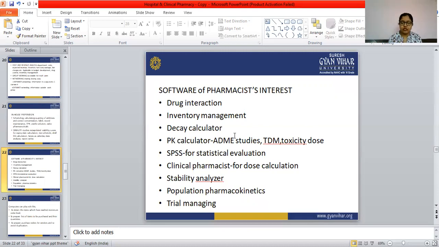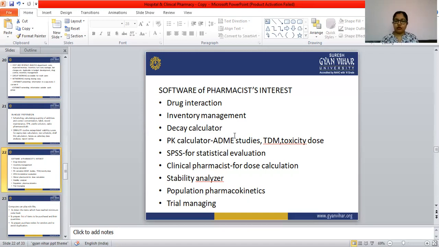We can find out drug interaction information from the drug interaction databases, and we can find inventory management software. So these are the different categories, the different information that is needed by the pharmacist to do their job perfectly, neatly, and in the correct manner.